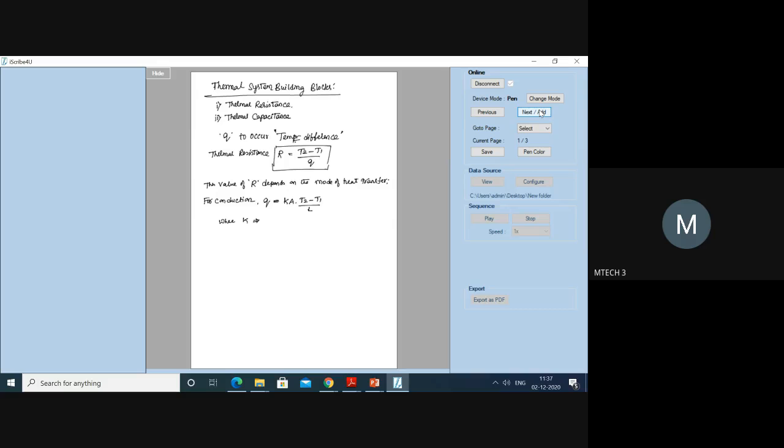Can you guess? Quickly, let's finish this. K is thermal conductivity. A is cross-sectional area.